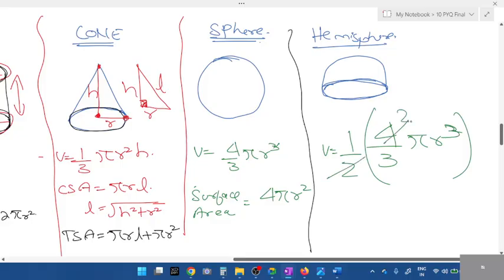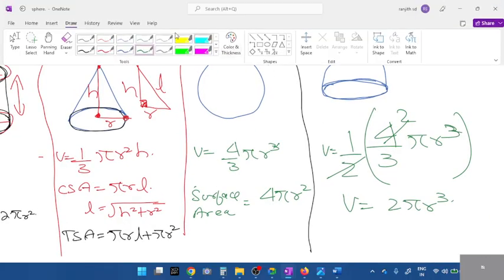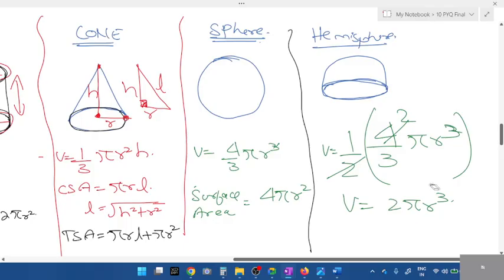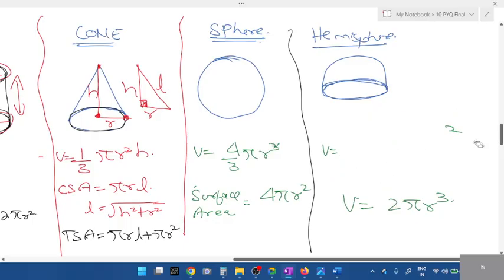So 2 ones are 2, 2 twos are 4. What is volume value? Sorry, 2 by 3 pi r cube, students. 3 also remains as it is. So hemisphere is half of a sphere. Volume is just half of it. Half of it meaning 2 by 3 pi r cube.